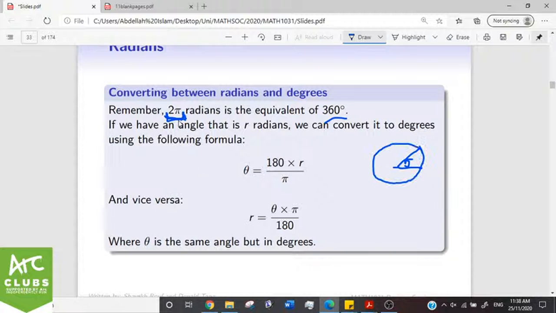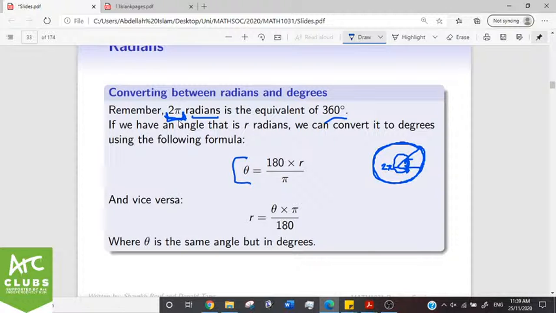That's why we like to think of it in pi, because if we go around a full circle, we travel 2 pi, which is actually the circumference of a unit circle. So that's why we like to think of things in pi, and we call this measurement radians. Here is the conversion between radians and degrees.